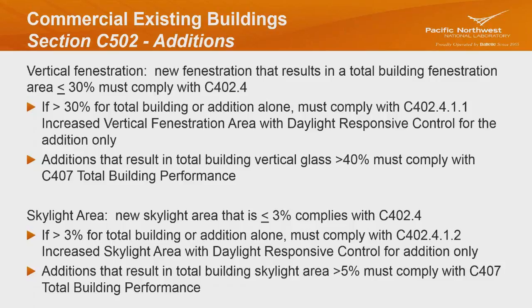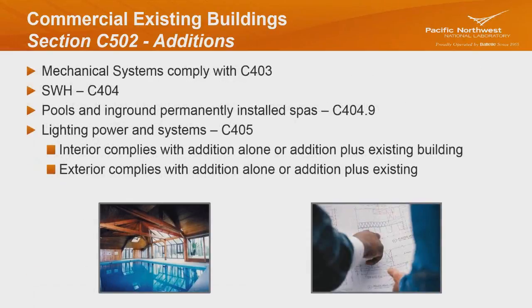Same as the vertical fenestration up above, I can go up to 5% if I'm using daylight responsive controls. That's it though, that's my threshold. If I'm over 5%, and this can be for the addition or the entire building, I need to go total building performance.